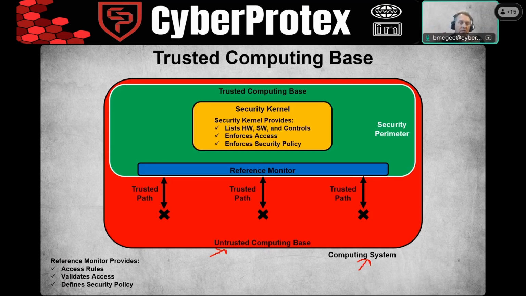And in order to control that, you can confine everything inside of that security perimeter until you can't. And once you can't, then you have to open up that security perimeter to allow other systems to be able to talk to it.